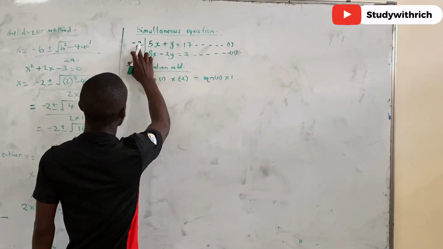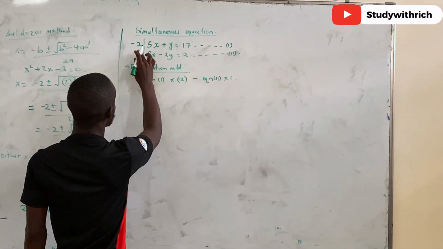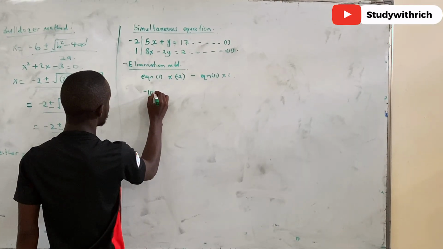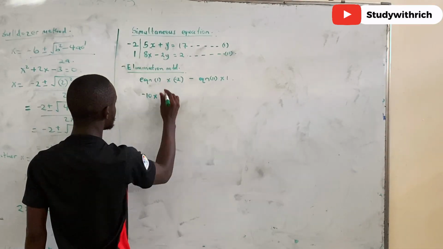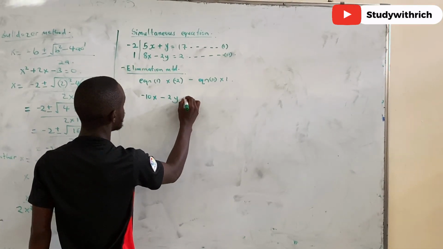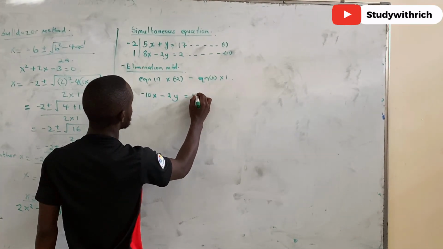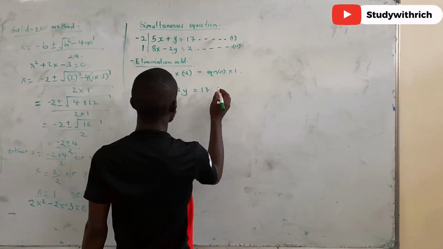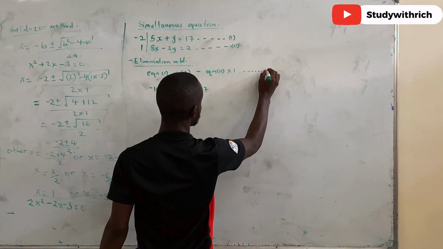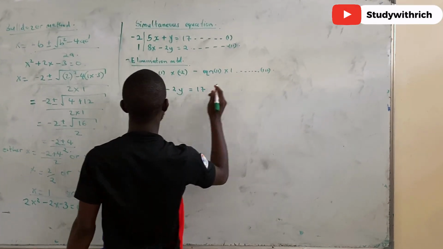So when I multiply through this, it will be negative 10x minus negative 2 times this, which will be negative 2y, is equal to negative 34. This will give me equation 3.